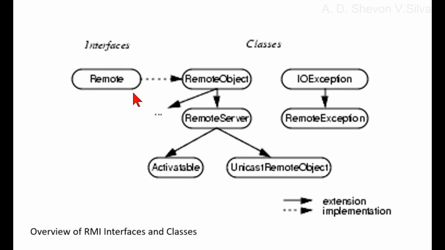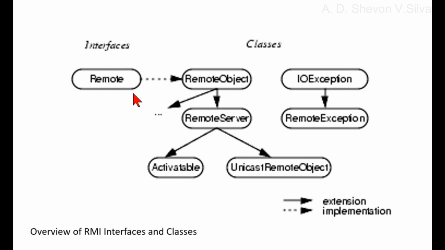A remote interface must at least extend, either directly or indirectly, the interface java.rmi.Remote. Each method declaration in a remote interface or its super interface must satisfy the requirement of a remote method declaration as follows.